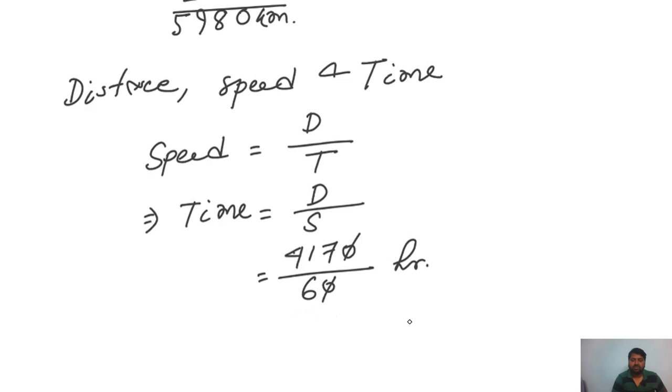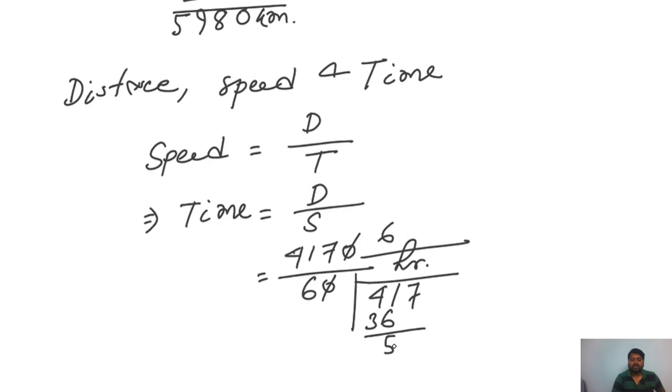Cross out the 0 and we divide 417 by 6. First 6 times 6 is 36, so we get 5.